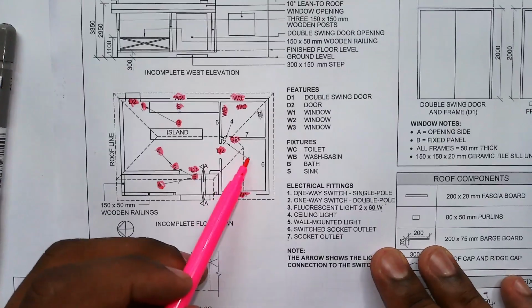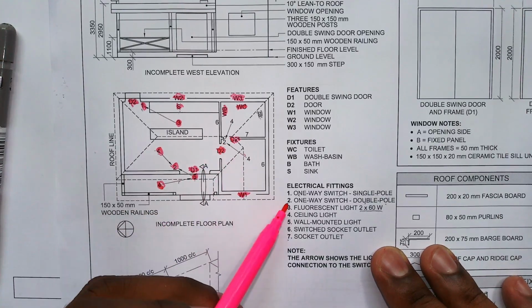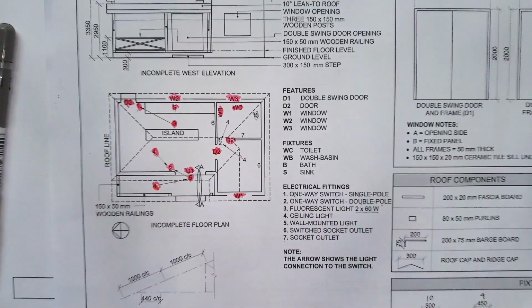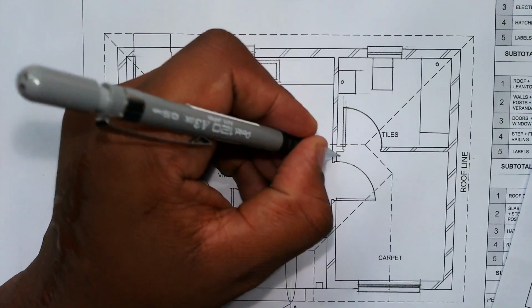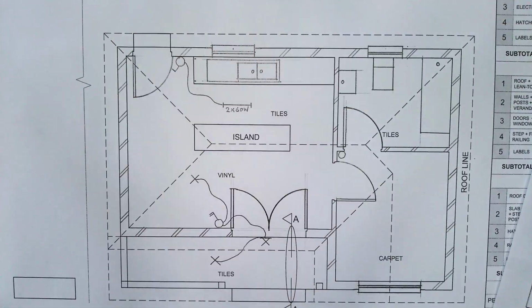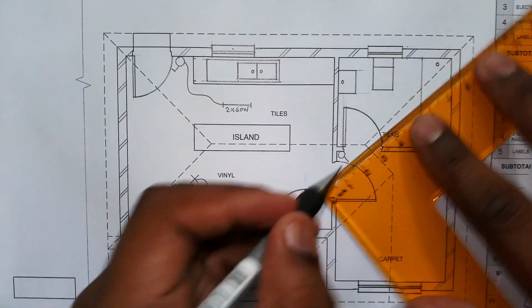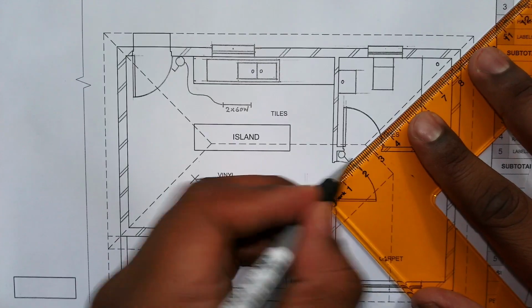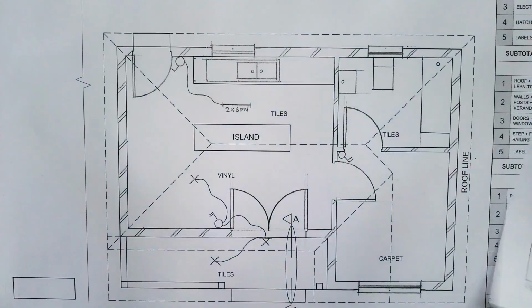Okay, so now I'll have to move to this connection here. I have number 2 there, which is the one-way switch double pole. Okay, so by that wall there, I'll have to add a switch like that. Draw a line with double lines like that. And then I have number 4 there.